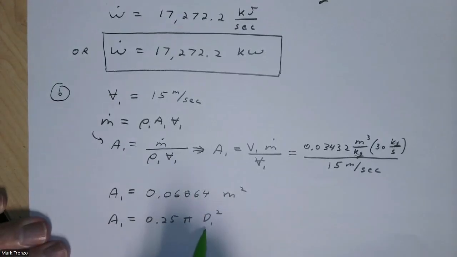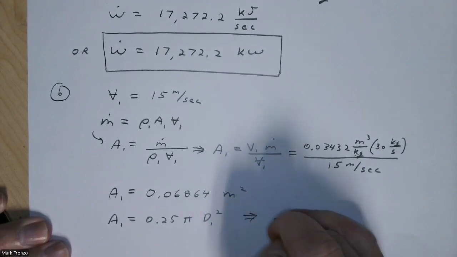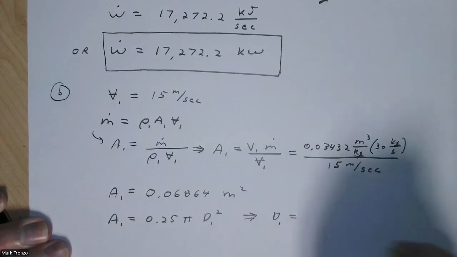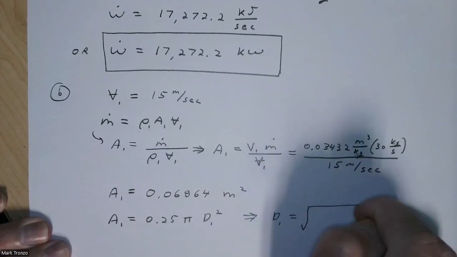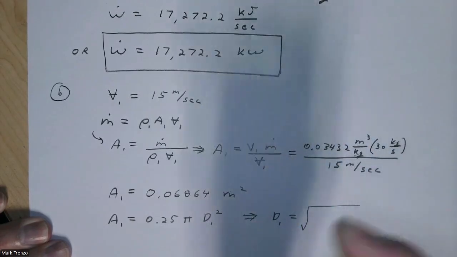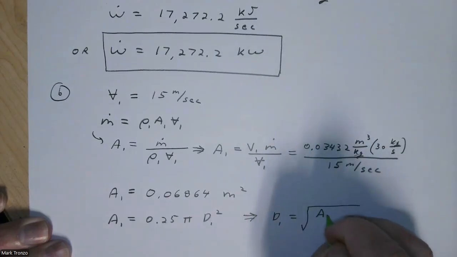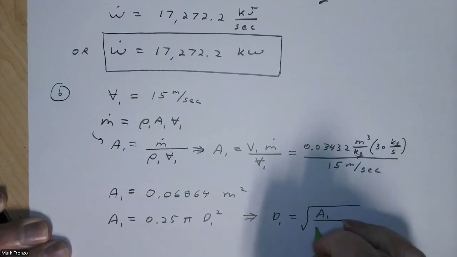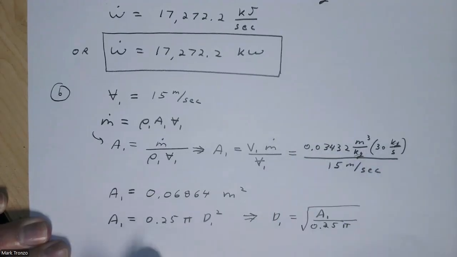Of course, to find the diameter, we would use this equation. Do the square root. It ends up being A1 divided by 0.25 pi.